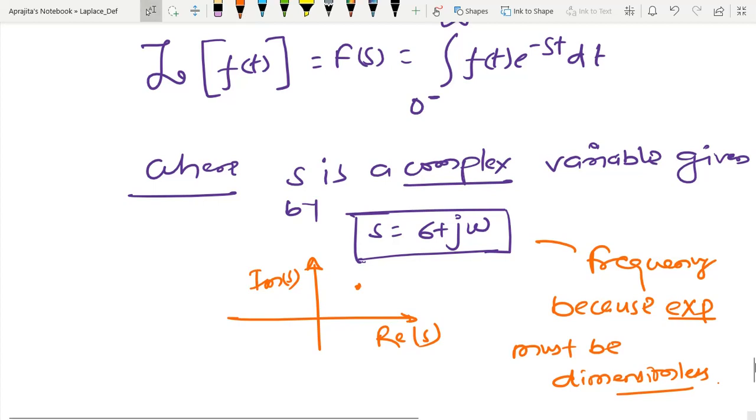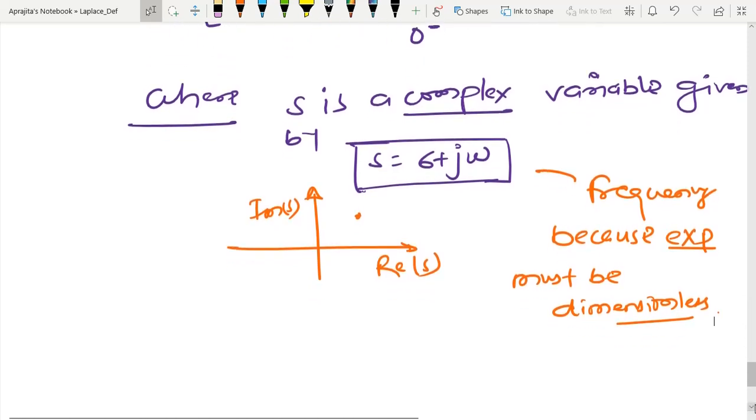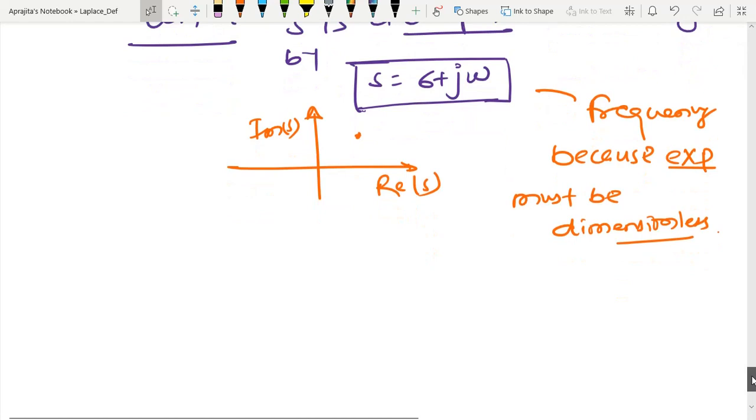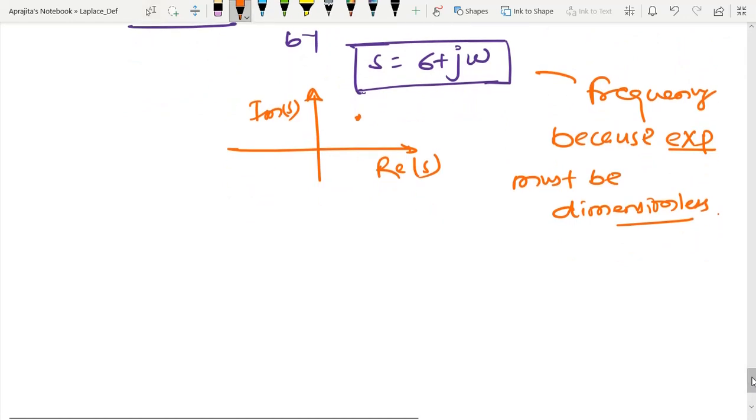Now let us talk about the 0 minus. We have already seen that. So I am going to write the same kind of thing such that you can understand the modification.